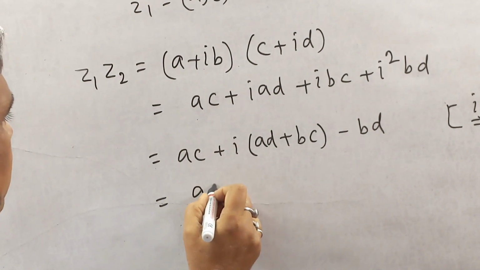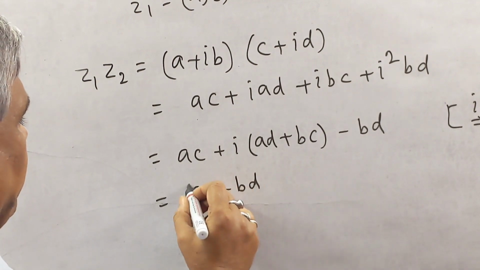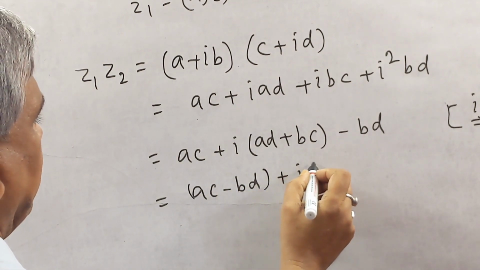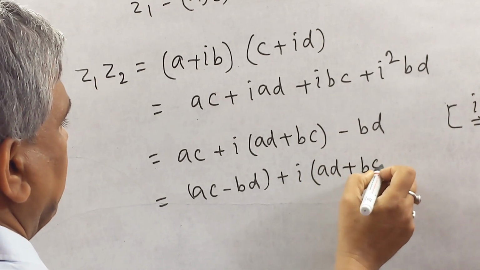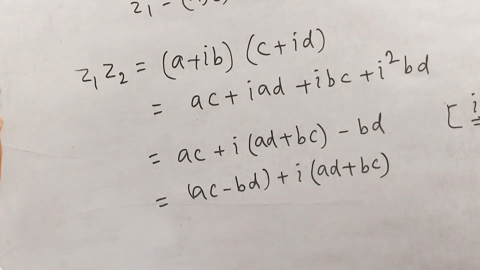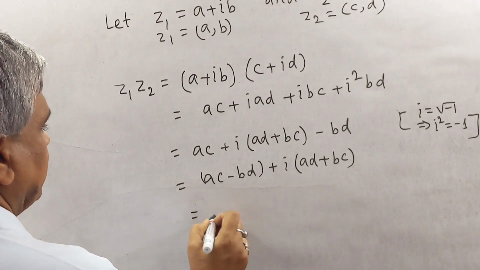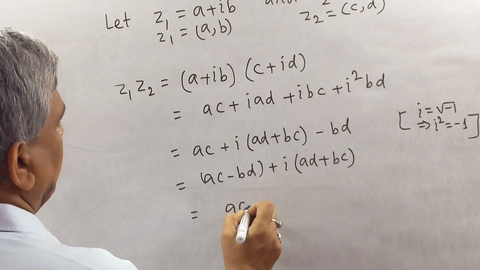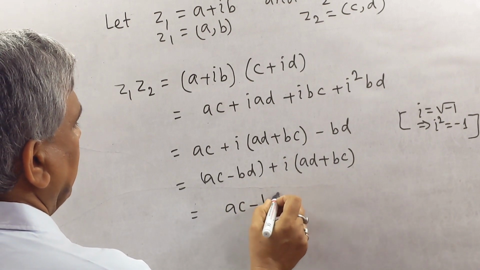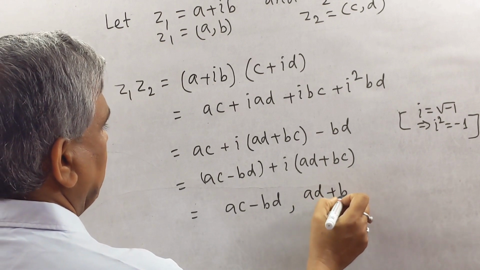Rearranging, ac minus bd plus i times ad plus bc. So in terms of ordered pair, we may write this (ac minus bd, ad plus bc).